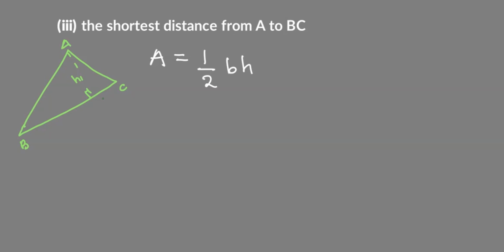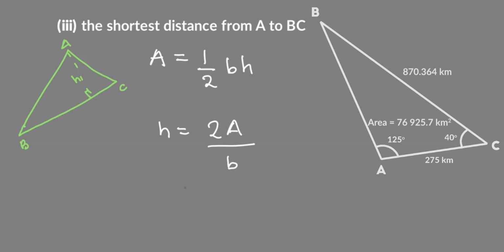And when they tell you to find the shortest distance, what they're asking you is to find the height when the side BC is used as the base. And hence what we're going to do is just make H the subject. And if you've been following along, H is equal to 2A divided by B. What is our area? We just found our area.